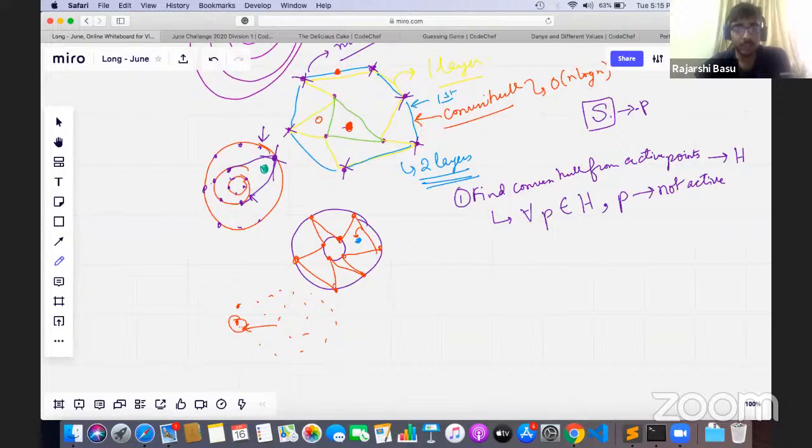Now when you are doing that angle sort, for collinear points, if there are 2 points with the same angle from the pivot, you additionally sort by the distance.